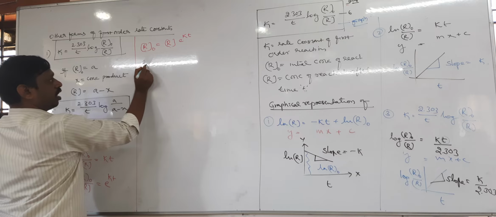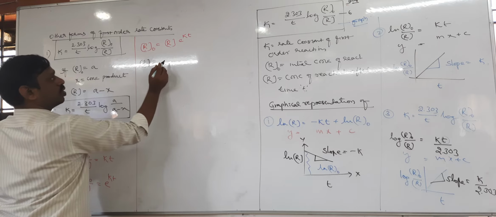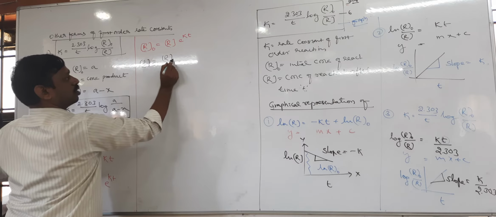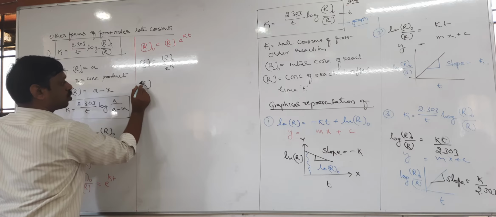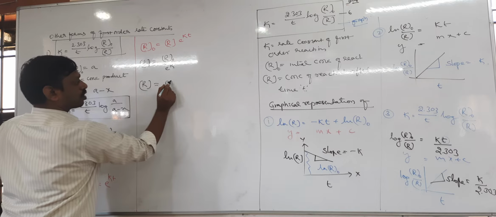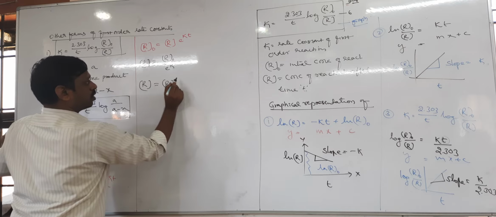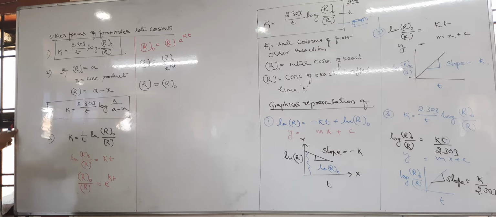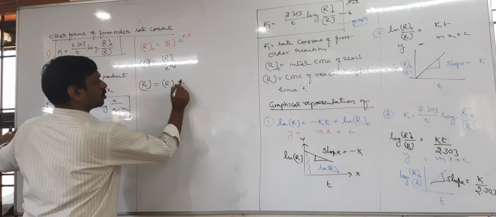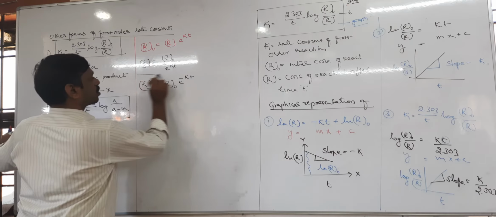So r equals r naught divided by e to the power kt, which means r equals r naught into e power minus kt. This is the equation we want.